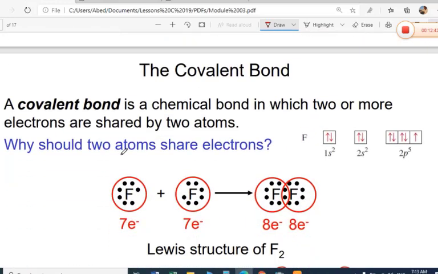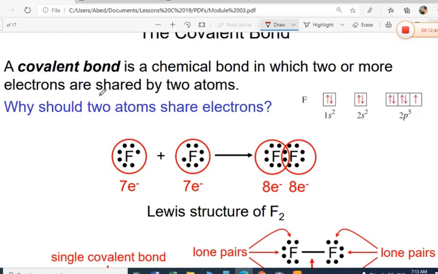In the covalent bond we do not transfer but share electrons between the two atoms. Here the fluorine has 7 electrons, and the other fluorine atom also has 7 electrons. Each has one vacancy, so they will share.